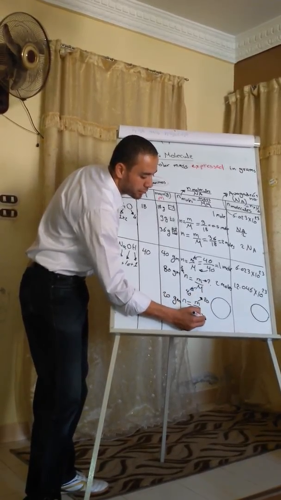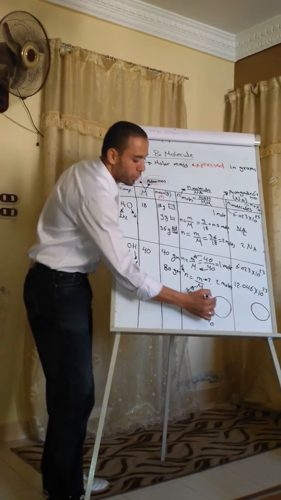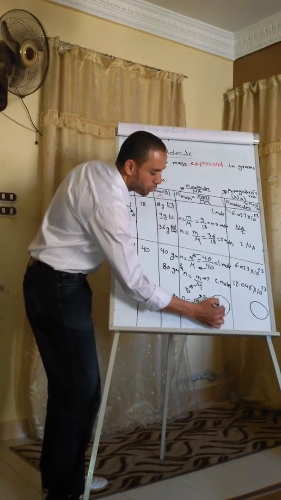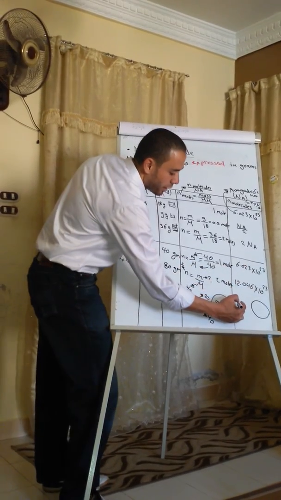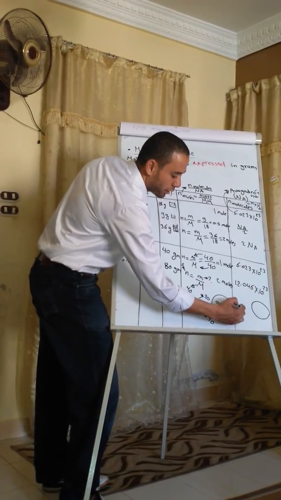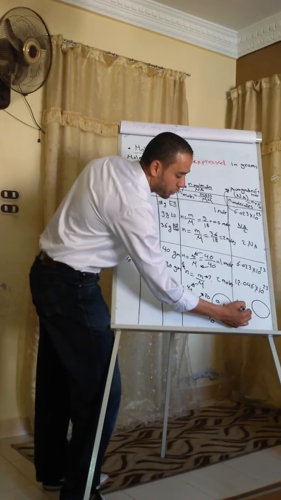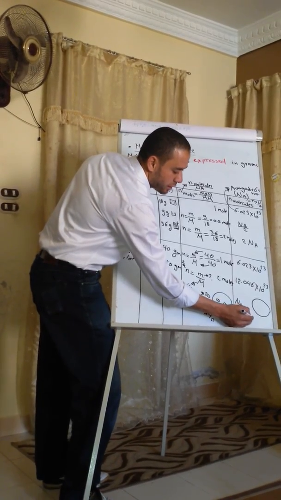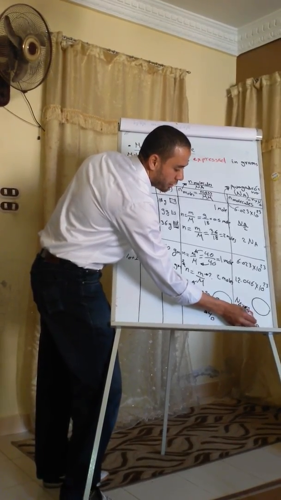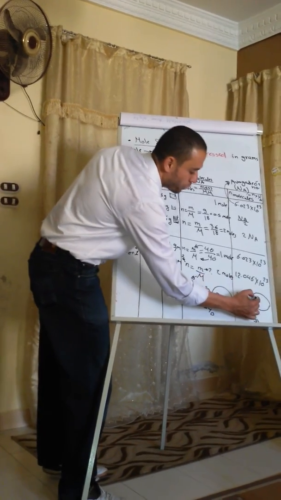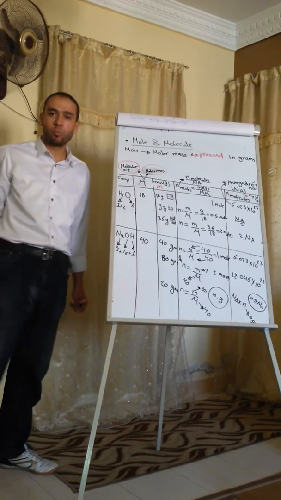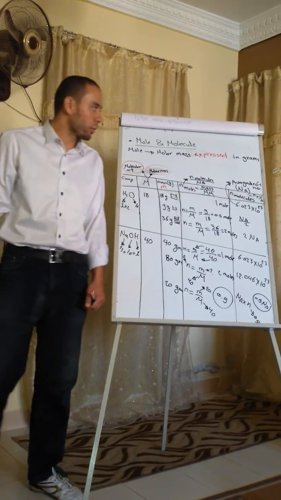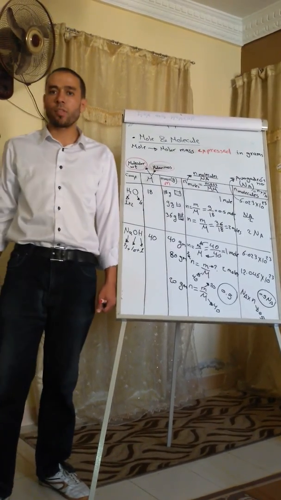The molar mass is 40, so we have only 0.5 mole, and the number of molecules is Avogadro's number times the number of moles, which is 0.5. So we have only 0.5 of Avogadro's number of molecules, and this is the difference between the mole and the molecule. Thank you.